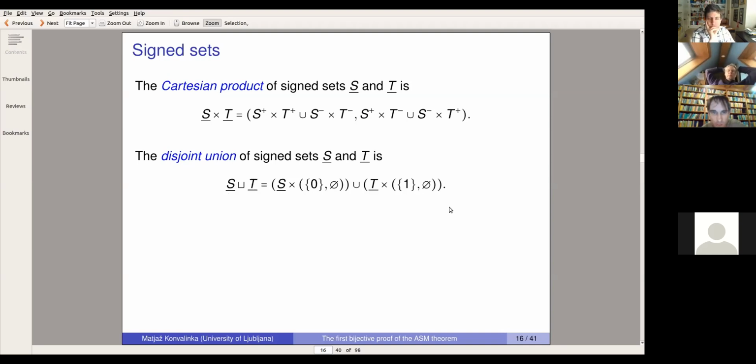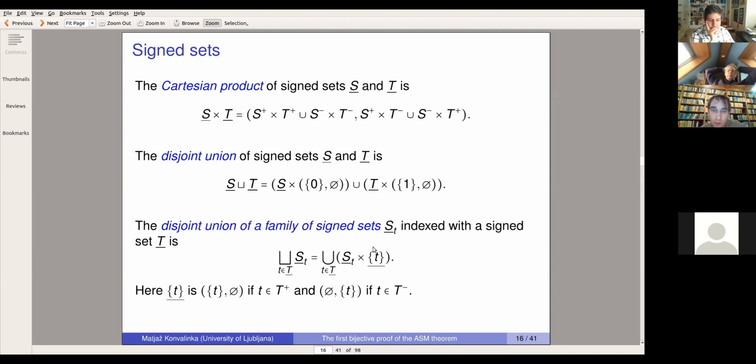And actually, what was really important was the following definition. You all know that if you have a family of sets, then you can take the disjoint union of those sets, and usually it will be indexed by another set. So it was very important that we realized that with signed sets, you have something similar. You have a family of signed sets which are indexed by another signed set, and you can take the disjoint union of those signed sets over a signed set.